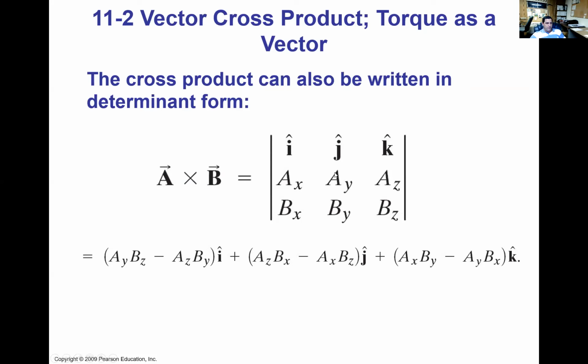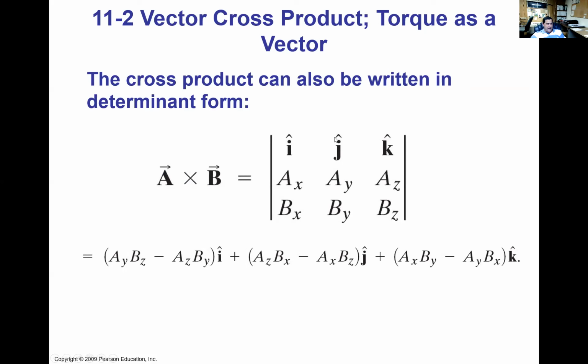For I, if you cover up this column, you're left with AY crossed with BZ minus AZ crossed with BY.